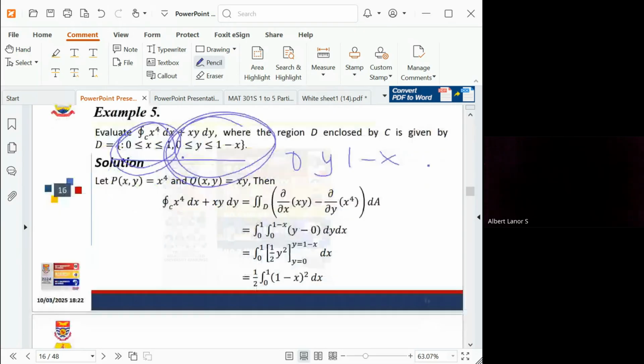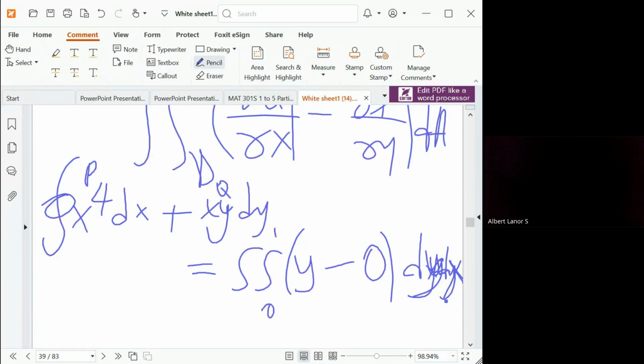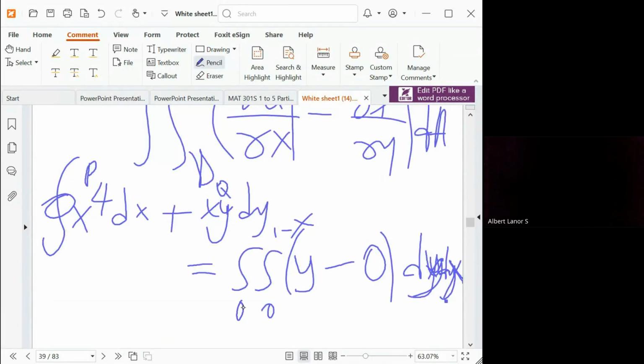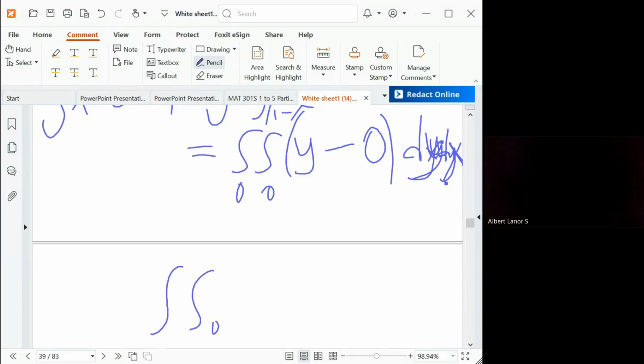So we would obtain the whole integral from 0 to 1, from 0 to 1 minus x, y dy dx. So we have formulated the Green's problem. Somebody will ask, the advanced one, where will you use it? In Green's theorem, you need to know that we integrate the y first before the x.